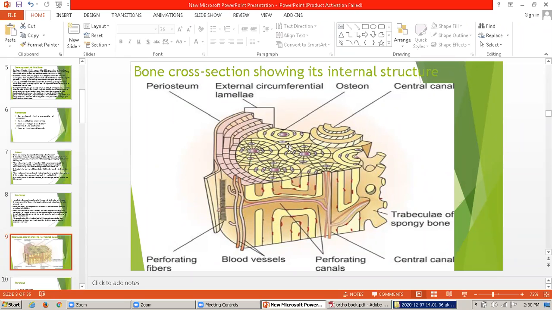And under that there are osteons. Then this is the central canal of the bone. These are the trabeculae of the spongy bone. This one is also a central canal. This is the perforating canal, where the central canal lines are perforated. These are the blood vessels and these are the perforating fibers.